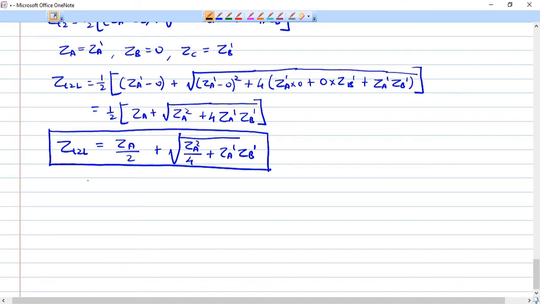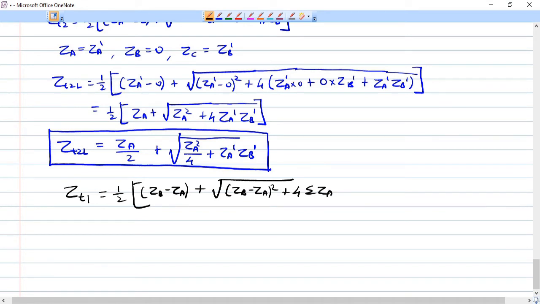Now what is ZT1? The expression is half of ZB minus ZA plus root of ZB minus ZA the whole square plus 4 sigma ZA ZB.